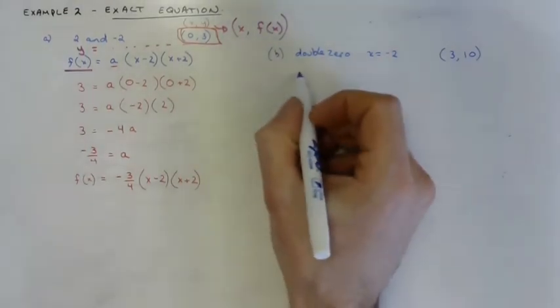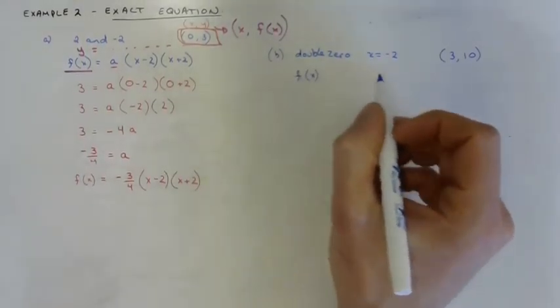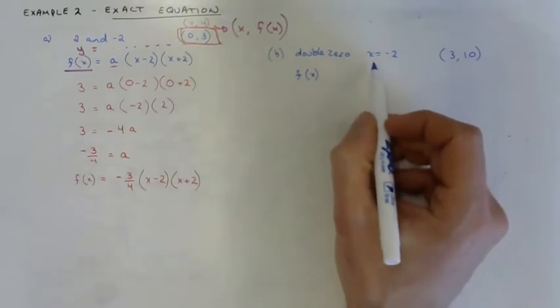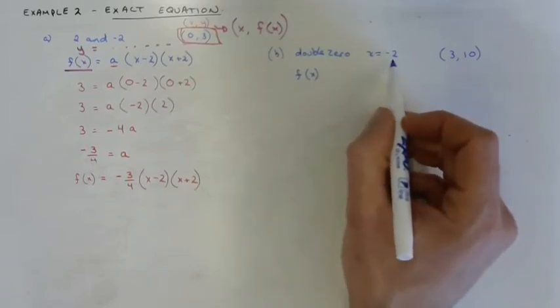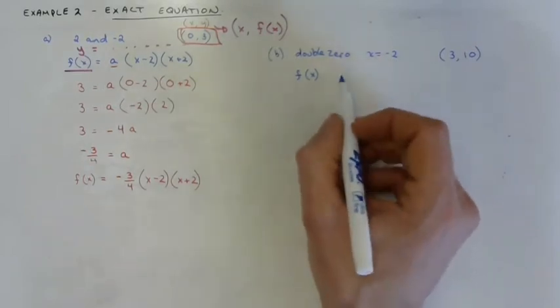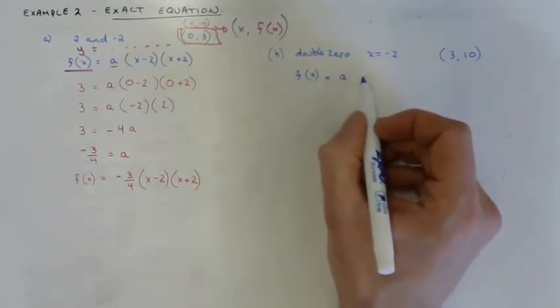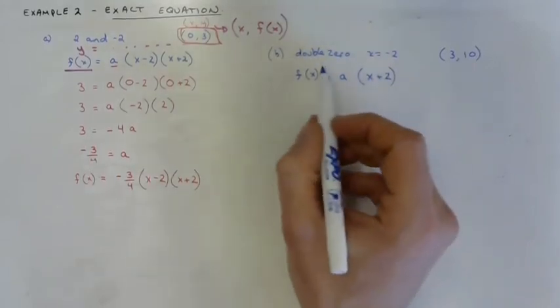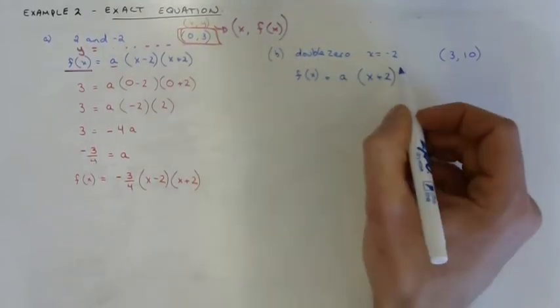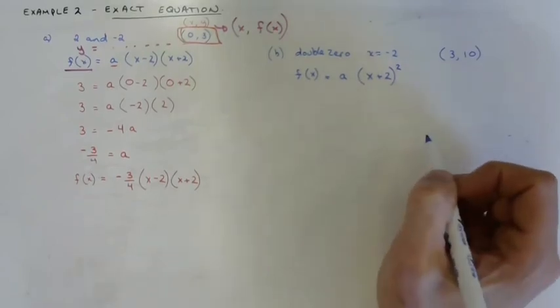It means there are two factors of x plus 2. So if a zero is x equals negative 2, that means the value of x equals negative 2 will cause the value of the function to be 0. We know there's an a out front. The factor is x plus 2, but it's a double zero, so you have a square, which means it's two of those factors.